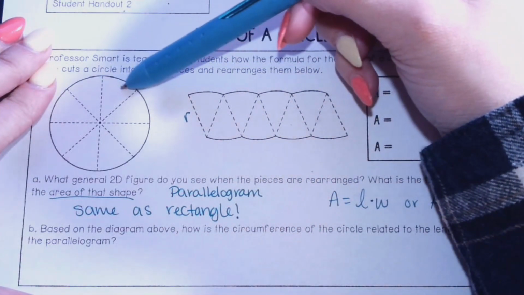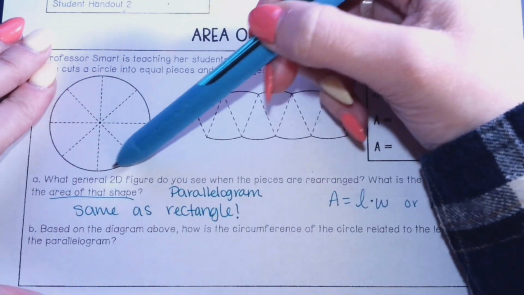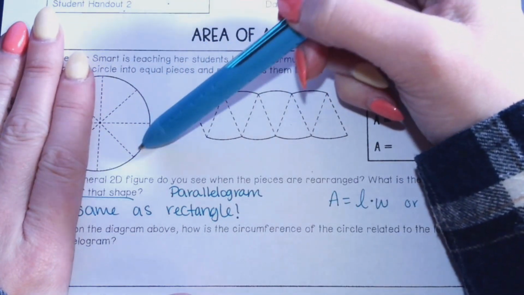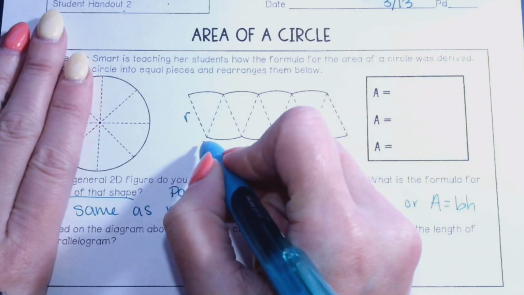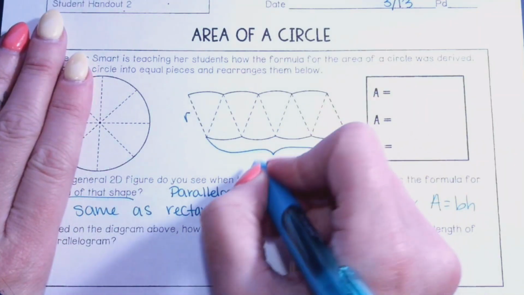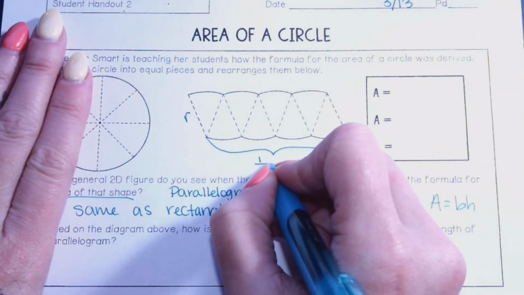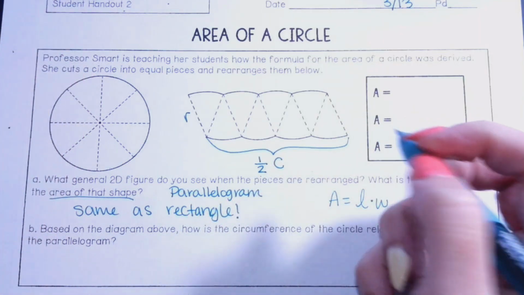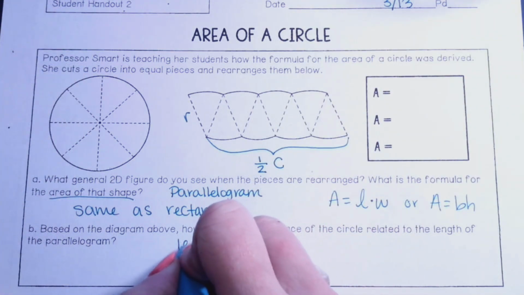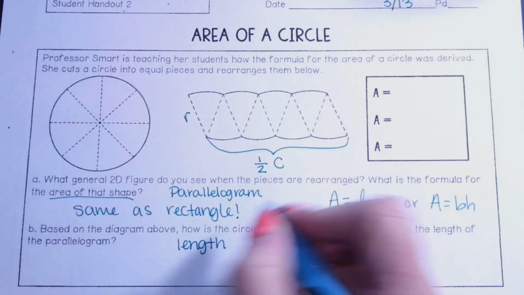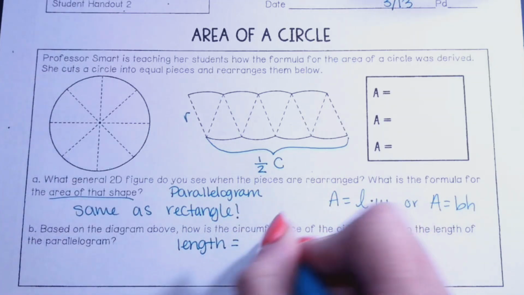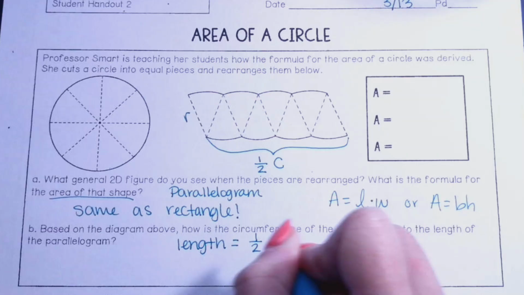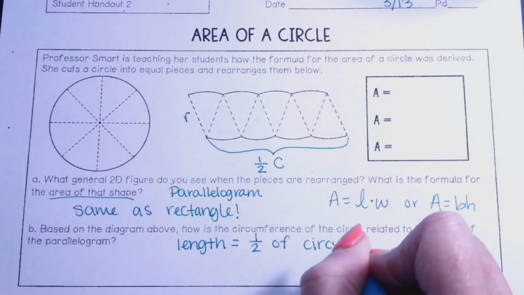And so if that accounts for 1, 2, 3, 4, it covers this. And so this whole length right here is half of the circumference. So we can write just down here, the length of the parallelogram is half of the circumference.